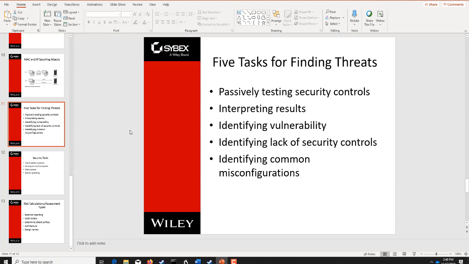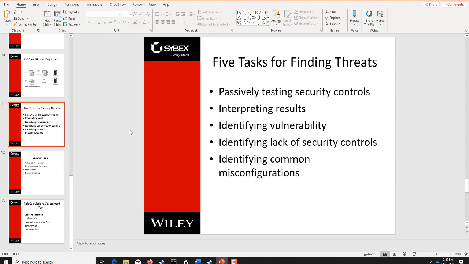We can identify vulnerabilities through scans. We can identify lack of security controls, and these could be manual security controls, physical controls, logical controls. Both are susceptible to this through an audit. And we can identify common misconfigurations.